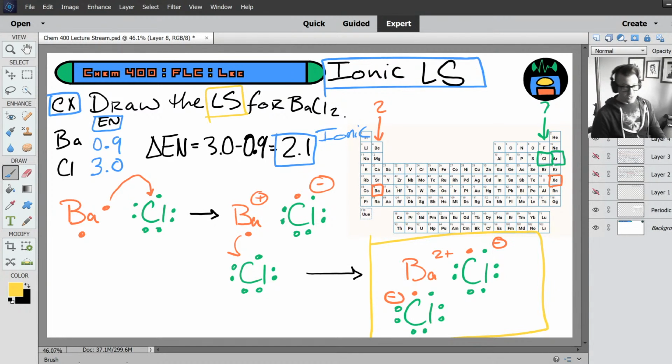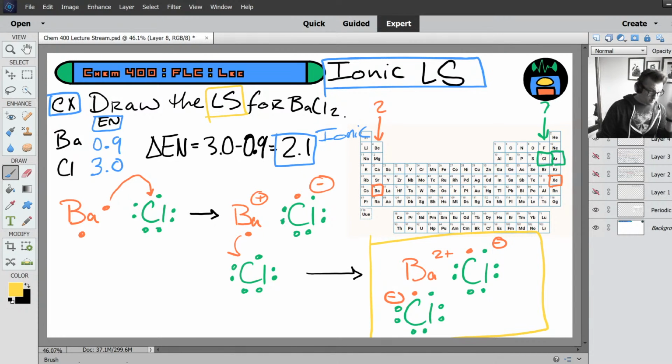And the reason why it will always form, remember way back at the beginning of this semester, we said that ionic compounds always form in the same ratio. The reason why that is because chlorine will always and only want to gain one electron. Barium will always want to lose two.